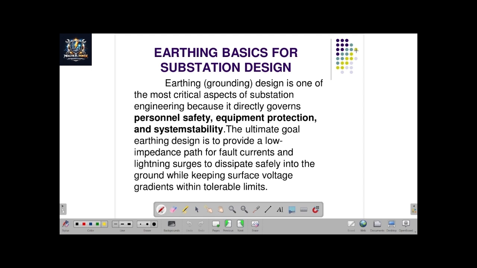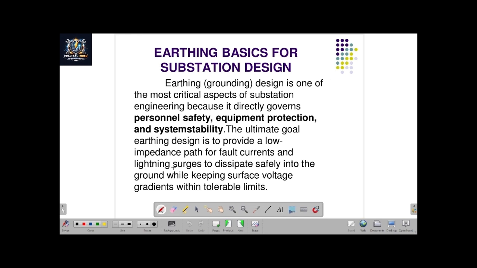The ultimate goal of earthing design is to provide a low impedance path. It must provide a low impedance path for fault currents. Fault currents arise from different types of faults, such as line to line or line to earth, or lightning surges.